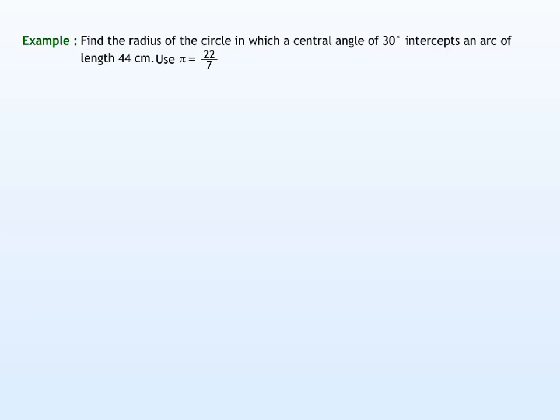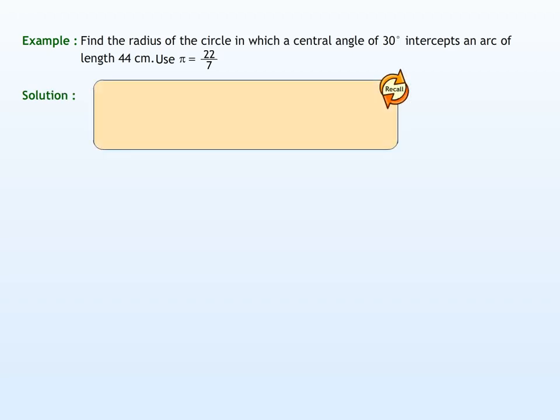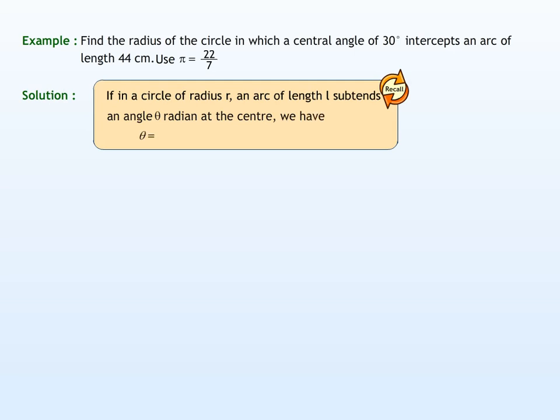Example 3. Find the radius of the circle in which a central angle of 30 degrees intercepts an arc of length 44 centimeters. Use pi is equal to 22 by 7. If in a circle of radius r an arc of length L subtends an angle theta radian at the center, we have theta is equal to L by r, or L is equal to r theta.